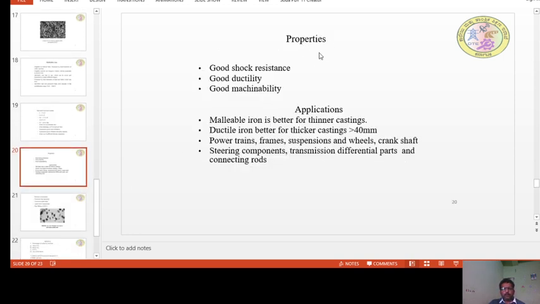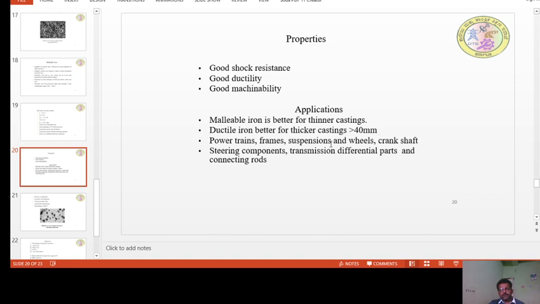And then coming to the properties: good shock resistance, good ductility, good machinability. Applications: malleable iron is better for thinner castings, and ductile iron is better for thicker castings more than 40 mm.